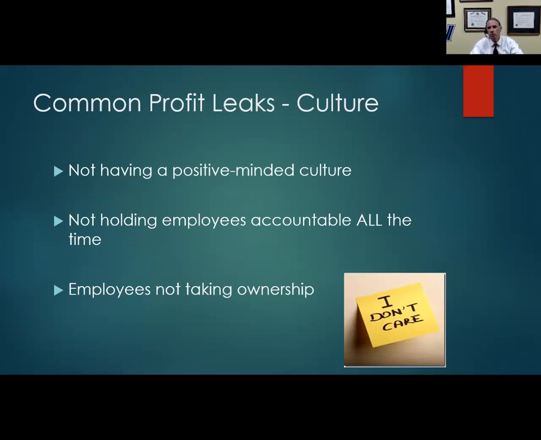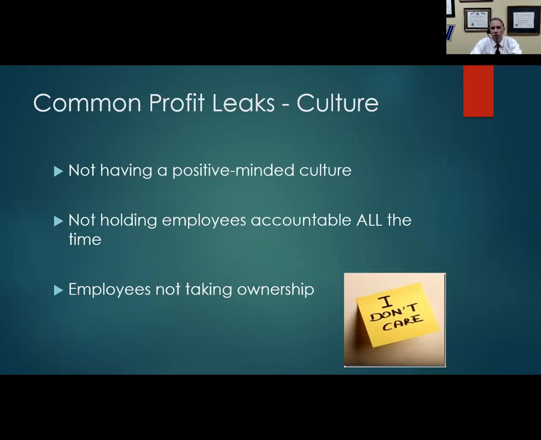If the owner's going through tough times, whether it's on a personal level or health reasons, whatever the case may be, that will impact small businesses for sure. So that's something that sometimes is not avoidable, but don't underestimate that if the owner takes his or her eye off the ball, profit leaks happen.